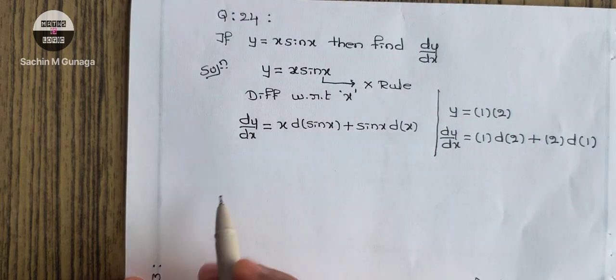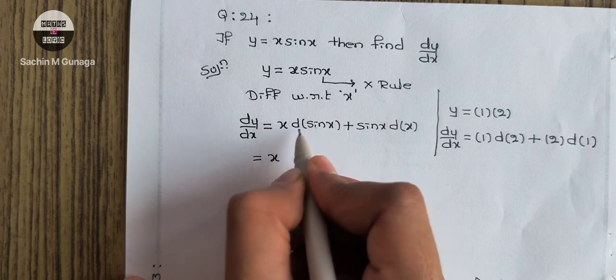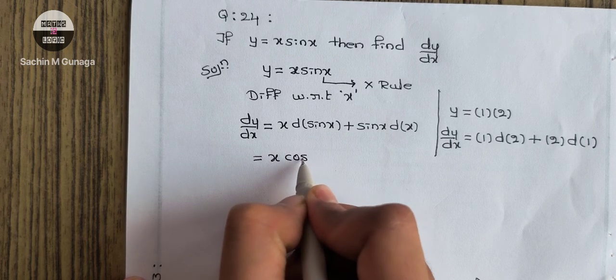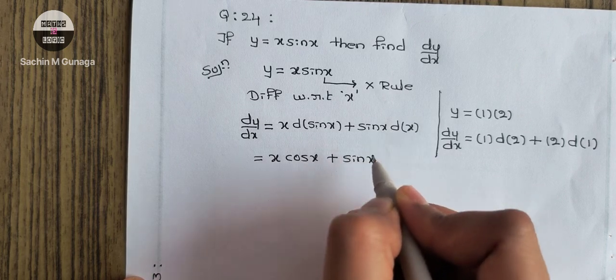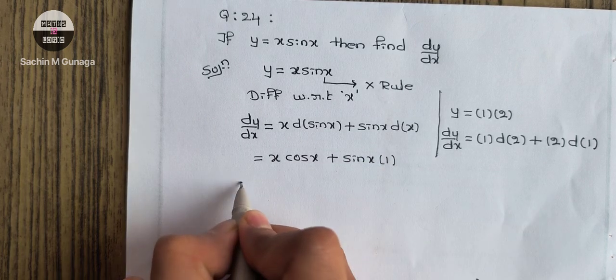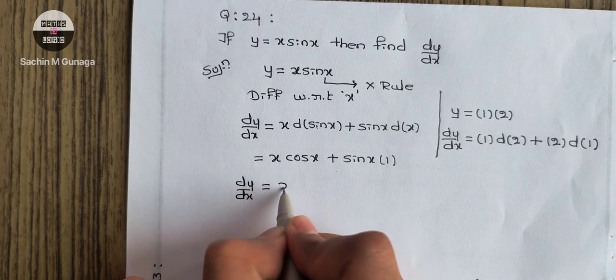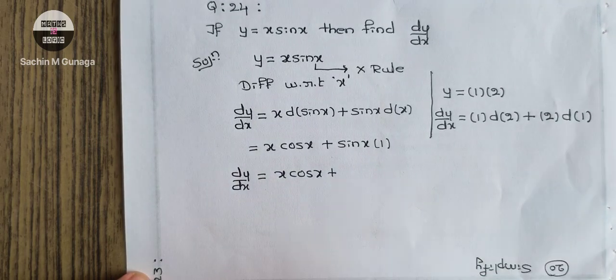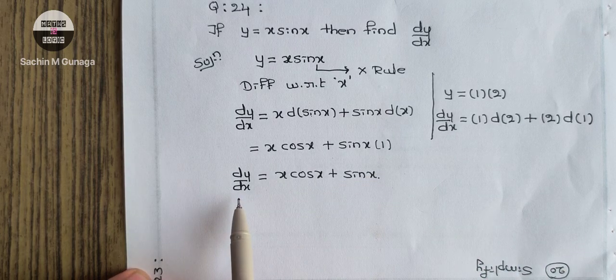So this multiplication rule gives x as it is, the differentiation of sin x is cos x, plus sin x as it is, the differentiation of x is 1. Therefore dy divided by dx is x cos x plus sin x into 1. Sin x into 1 is sin x. Therefore the dy by dx answer is x cos x plus sin x.